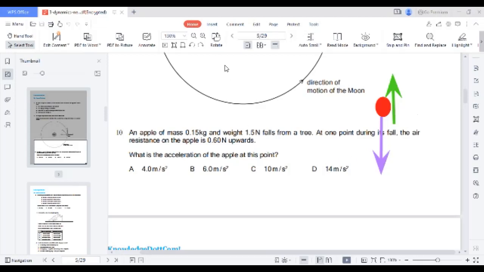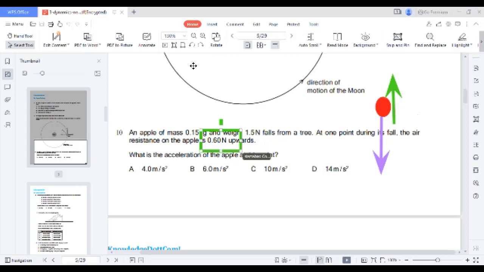So now you can see this is the weight which is downward, and which is moving it in downward direction, and at the same time here is 0.6 Newton which is in upward direction. 1.5 Newton in downward direction and 0.6 Newton in upward direction. Again there is a parallel case and both are in opposite direction.